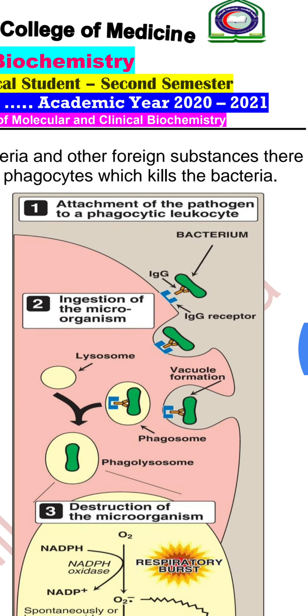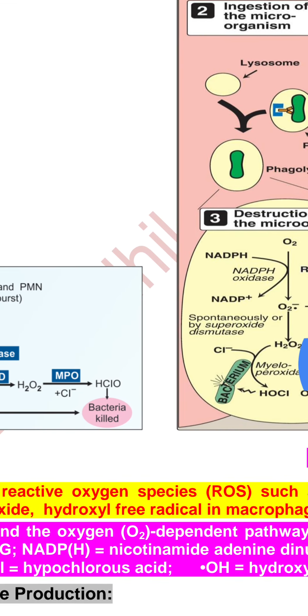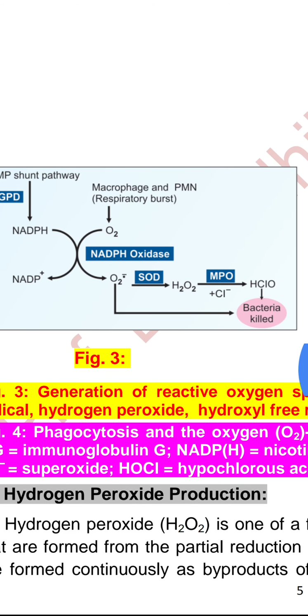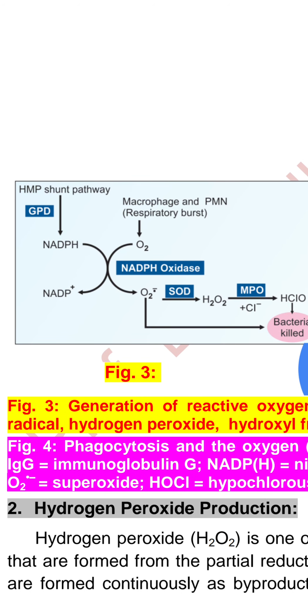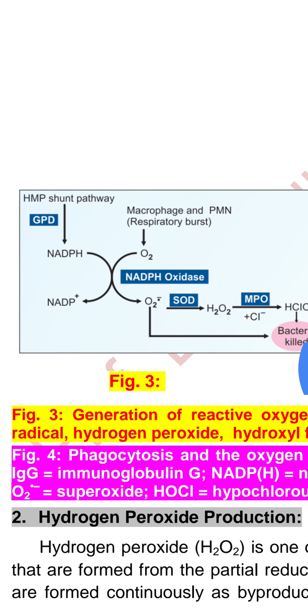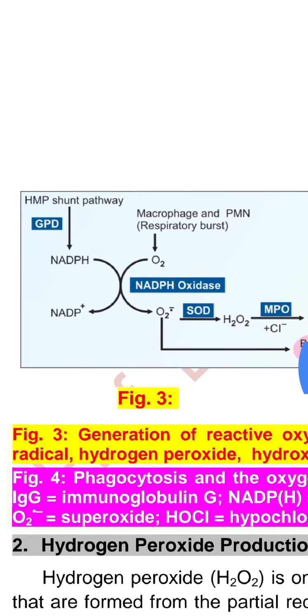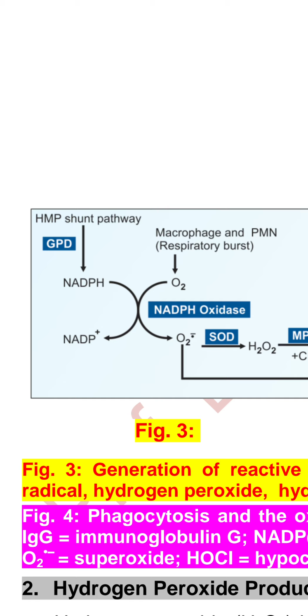Okay, mechanism as indicated in this figure. تلاحظون in this figure we have generation of various reactive oxygen species اللي هي for example as shown oxygen, superoxide, H2O2, hydrogen peroxide, hypochlorous acid, all of these by NADPH as shown بالفيجر هذا يتكون from HMP shunt pathway بوجود glucose 6 phosphate dehydrogenase المسؤول عن generation of NADPH.